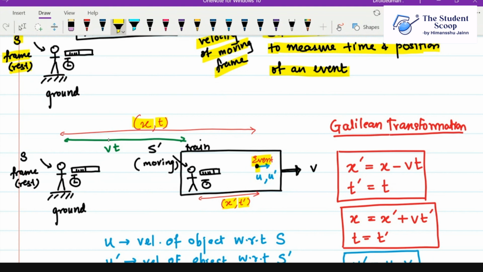According to the Galilean transformation, which can also be called the Newtonian transformation, we can relate those two coordinate systems by a value that is v times t. Now, v times t represents the distance covered by the train in time t.